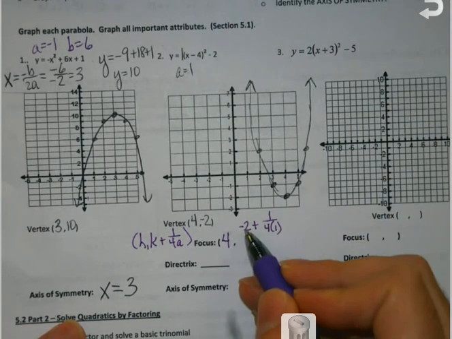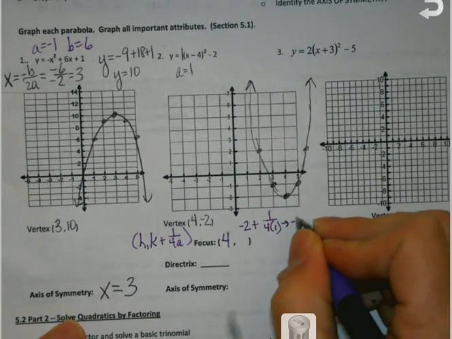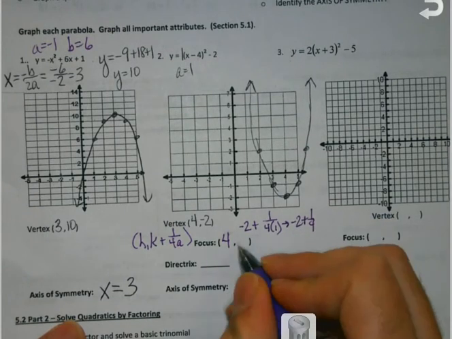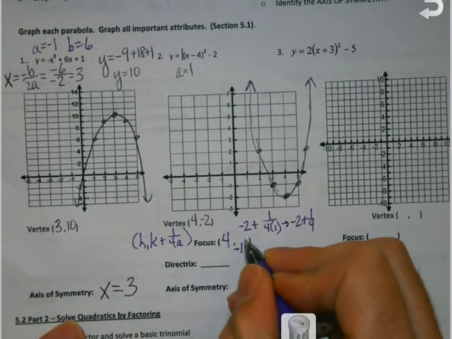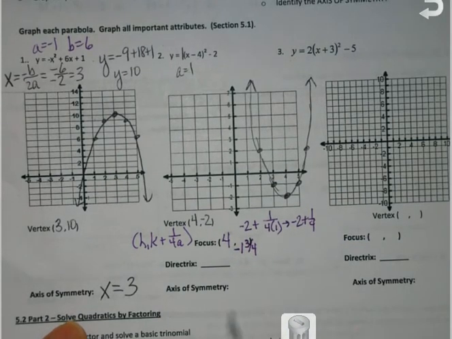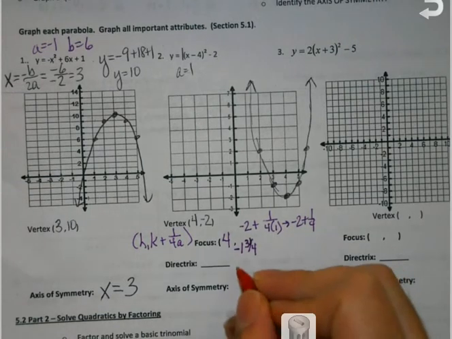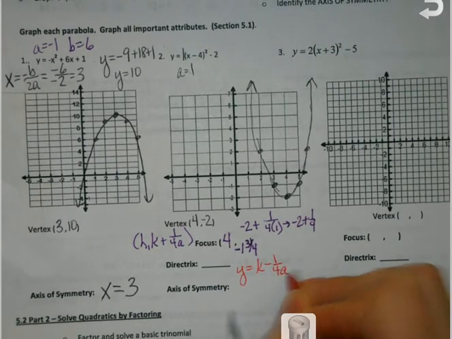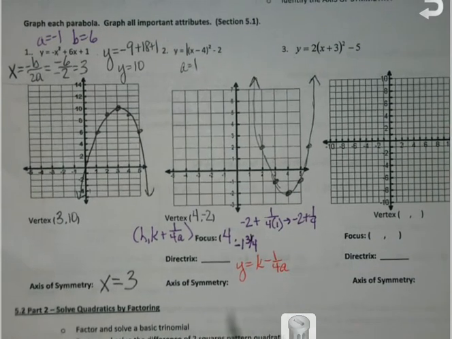So negative 2 plus 1/4. And I don't care if you go to a decimal here. I'm not going to, but it's negative 1 3/4, negative 1.75. And that's how I would find that one. My directrix is just y equals k minus 1 over 4a. Again, found on your green sheet.